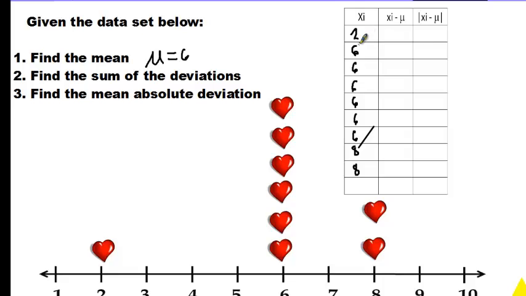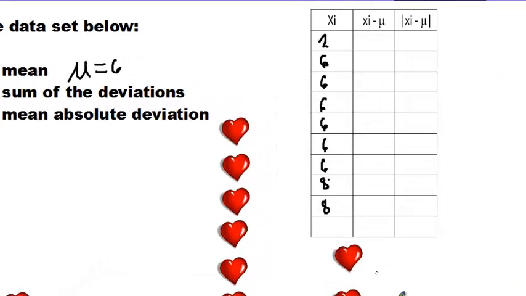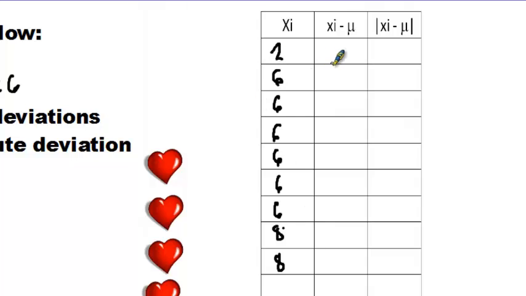Now subtract the mean from each of these numbers. So we have 2 minus 6, 6 minus 6, 6 minus 6, 6 minus 6, 6 minus 6, 6 minus 6, 8 minus 6, 8 minus 6.